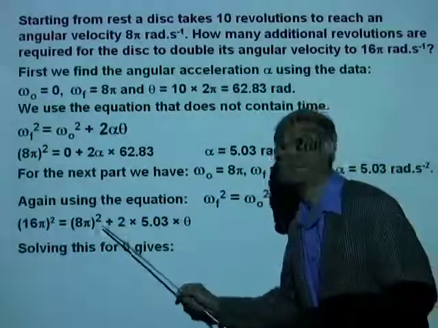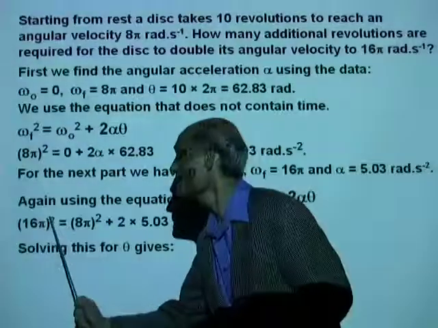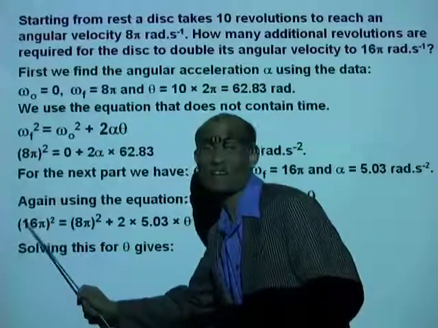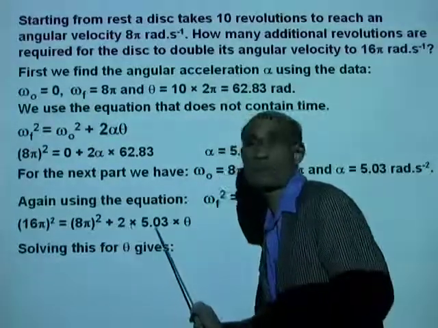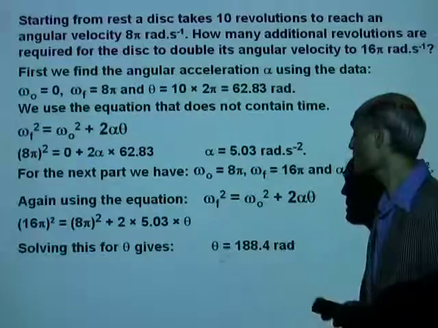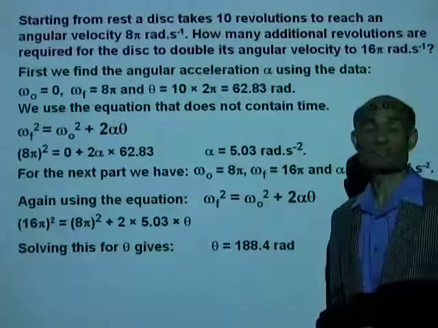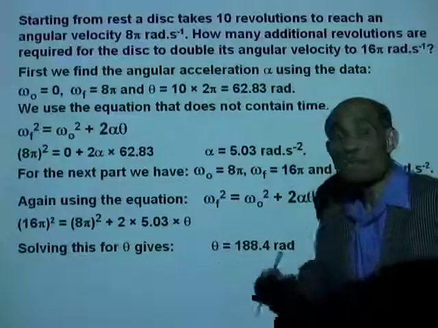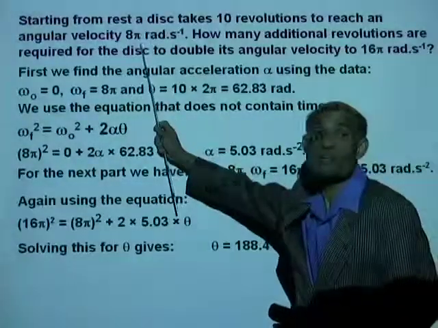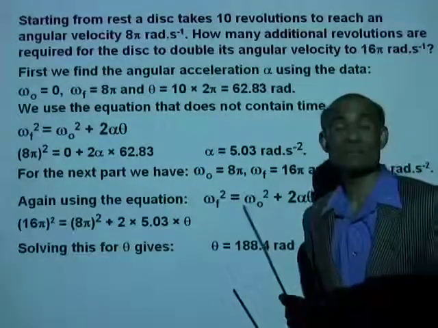Solving for theta, I want you to do this on your own. It will be this quantity minus this. Evaluate that first, and then divide it by 2 times 5.03. And that gives me theta equal to 188.4 radian. Now, this is the additional angular displacement from 8 pi radian per second to 16 pi radian per second.